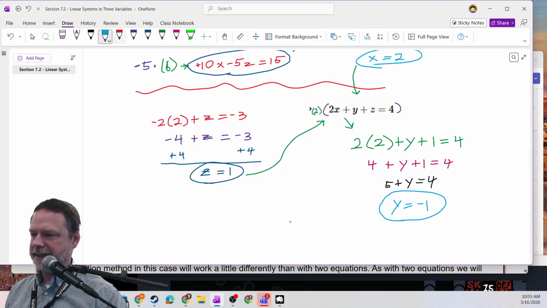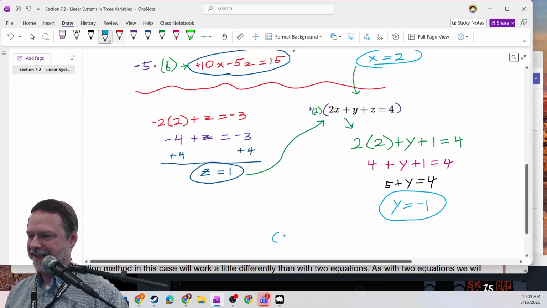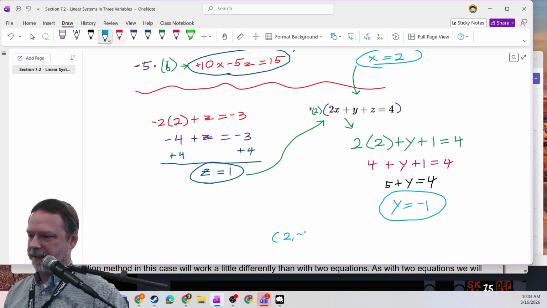We can leave it like that, or we can write it as an ordered pair. I guess we could say ordered triplet. We could write it like this if we want, as a point in 3D space: 2, negative 1, comma 1. That's our solution.